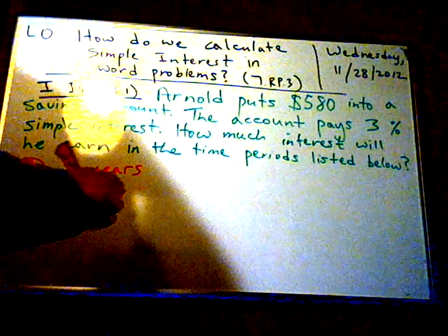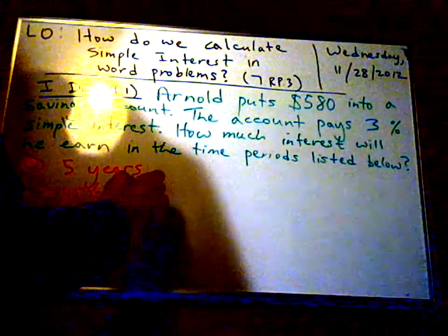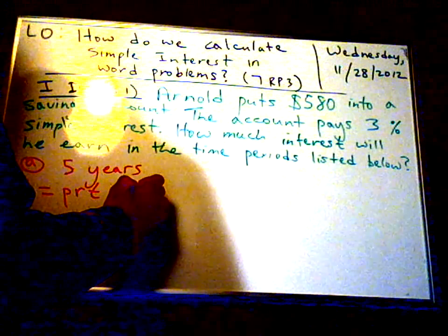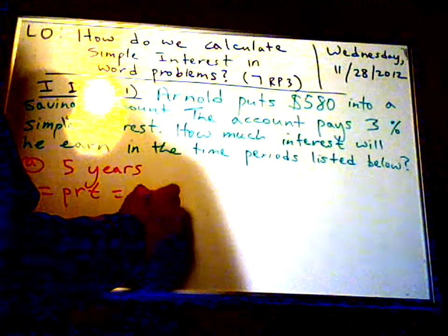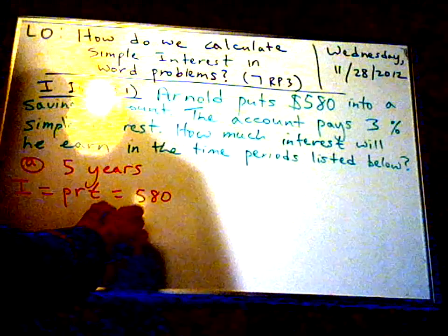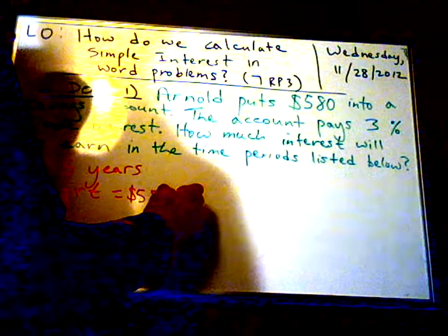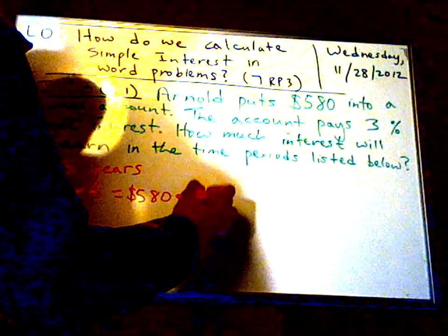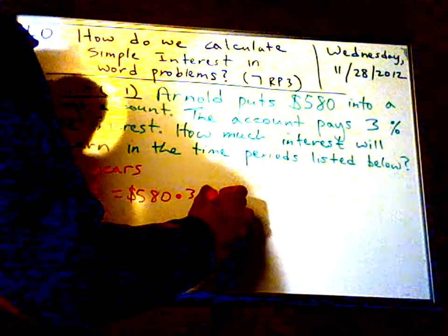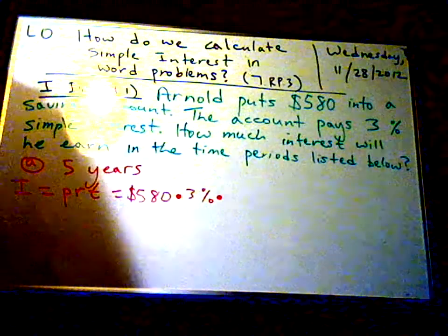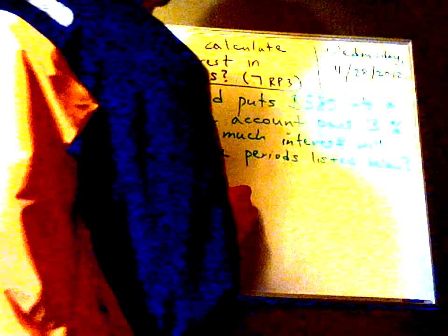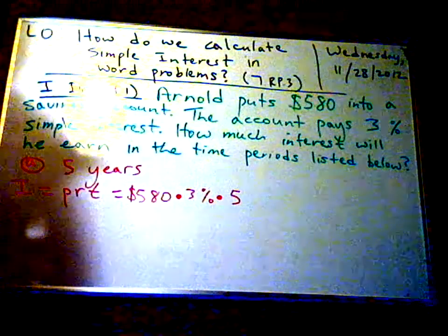You're given the principal, which is $580, the rate, which is 3%, and the time, which is 5 years. So we won't write the years on.